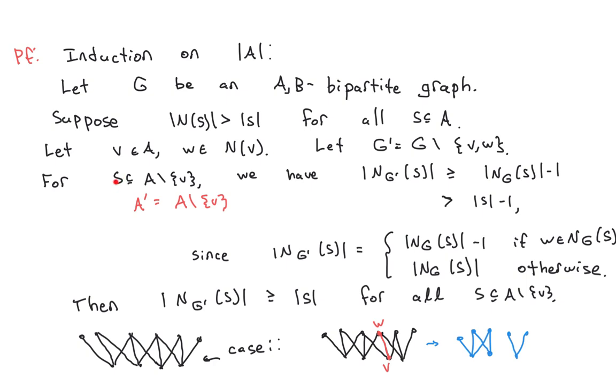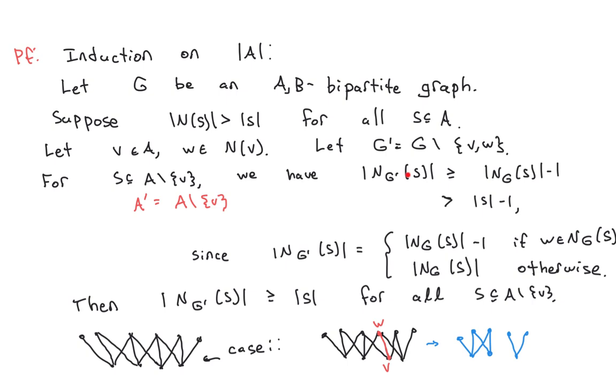So let's take a subset S in this A prime, and let's look at the number of neighbors of S in G prime. Well, given a vertex in S, any neighbor of that vertex in G prime was already a neighbor in G. But we do run into one little issue, which is that the vertex W might have appeared in the neighborhood originally.